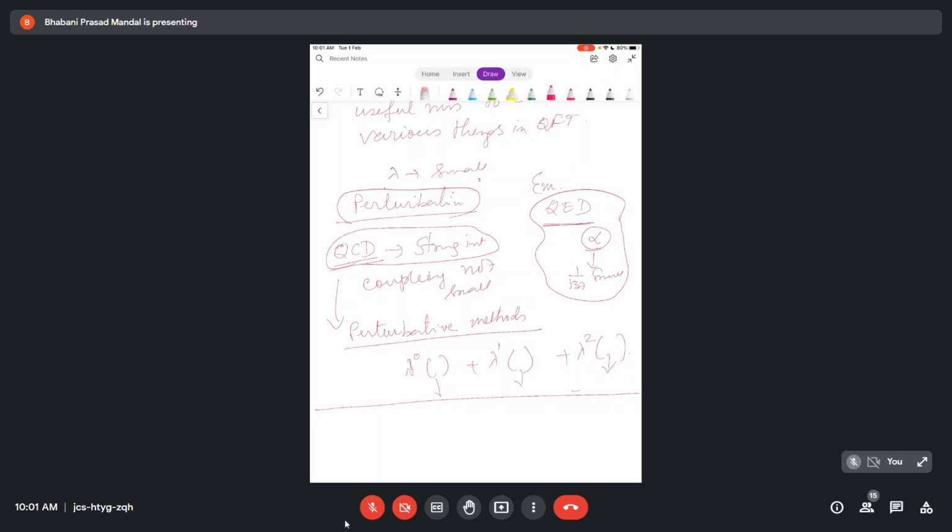Experimentally you observe something after calculating with this interaction, and whether it matches or not. Suppose we consider lambda phi-4 theory and we calculate some physical quantity which can be measured experimentally. If they don't match, then we'll discard the lambda phi-4 theory interaction and look for another interaction. But fortunately, this interaction gives good agreement with the experiments.